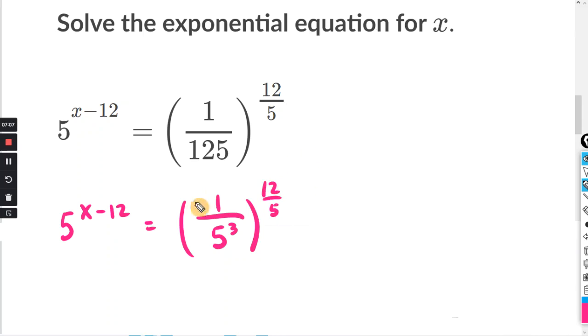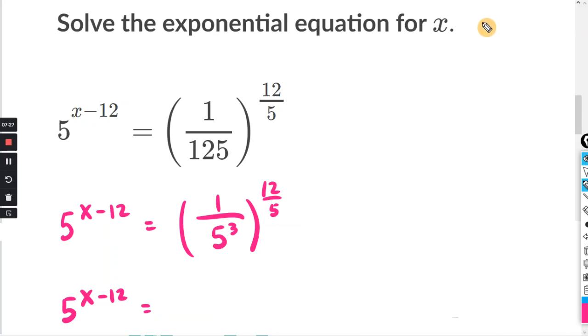Now, let me see, I'll keep the 1 on the left, x minus 12. And if you take the reciprocal of this part here, all you have to do is change the plus minus sign on this exponent.